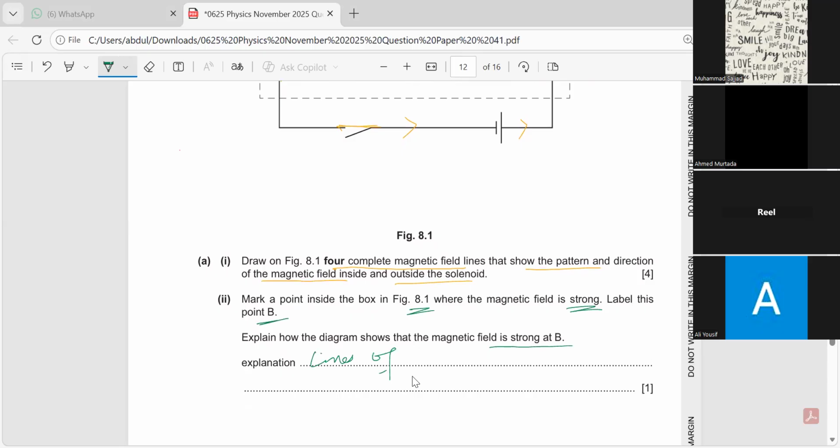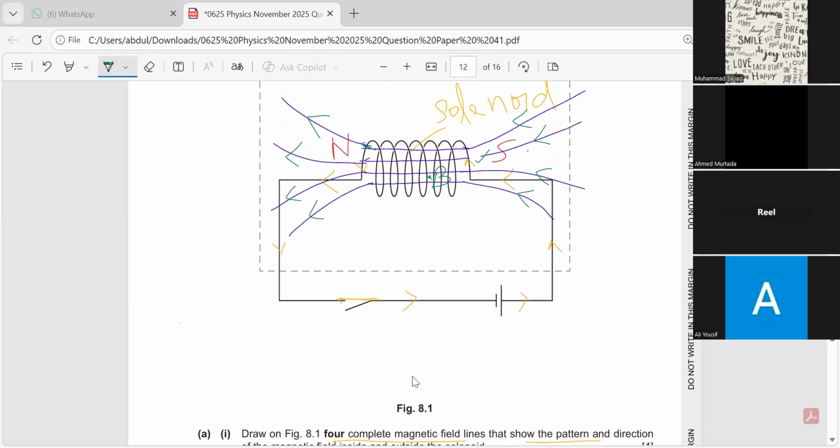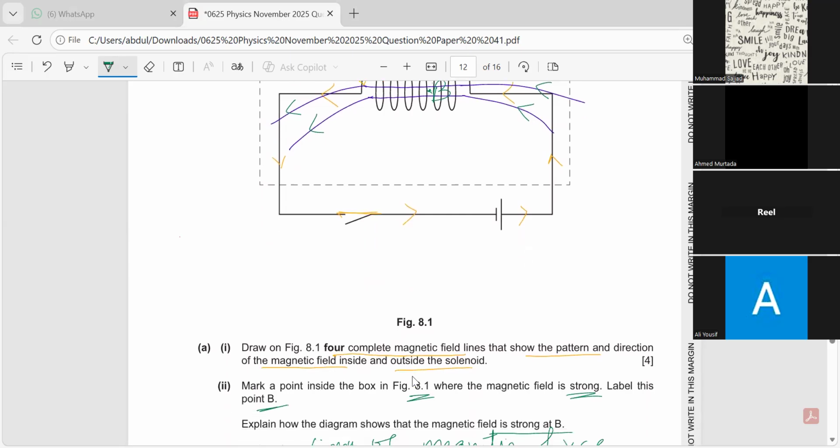Lines of magnetic force are closer together. Where the lines of force are closer together, field is strong. Where they are further apart, field is getting weaker. Only 1 mark. Any point where the lines are closer together, anywhere. I just choose this point, which I have marked B.